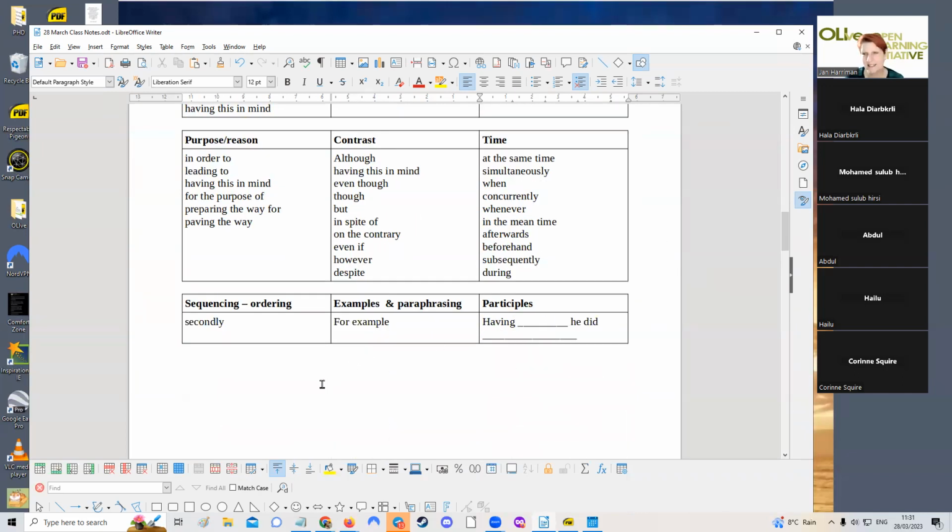And that's, you know, the awareness of these and practice with them. So we want to become more aware of these, and we want to practice with them. Secondly, what are the other words that we used for ordering? Firstly, secondly, thirdly, fourthly, yes. But there is another one, I think. Next.